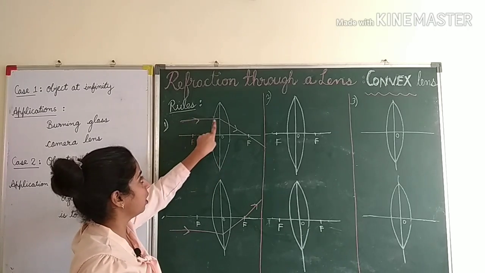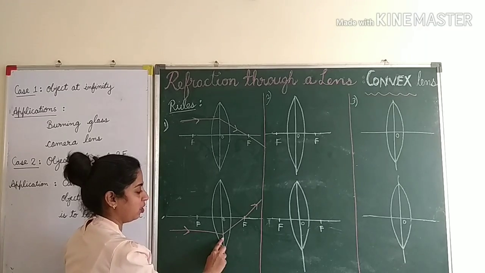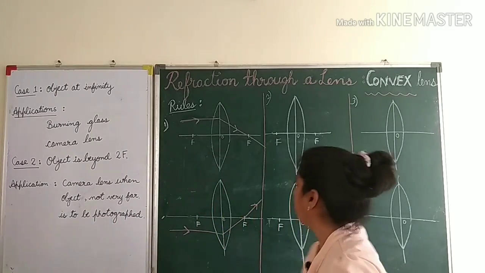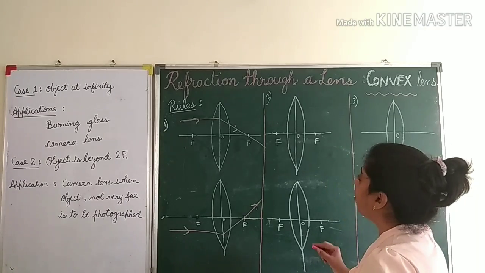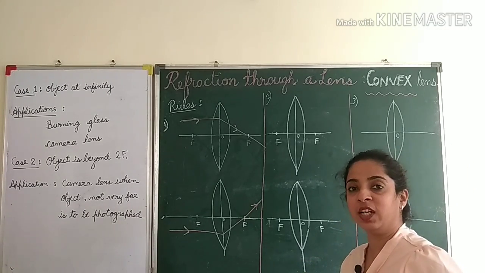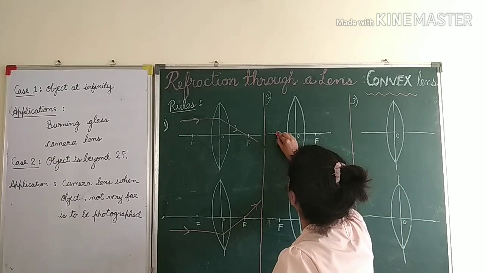So our first rule is, if the incident ray is parallel to the principal axis, it will pass through focus. Now our second rule. Whenever an incident ray passes through focus, after refraction it will become parallel to the principal axis. So here you can see this is the focus.